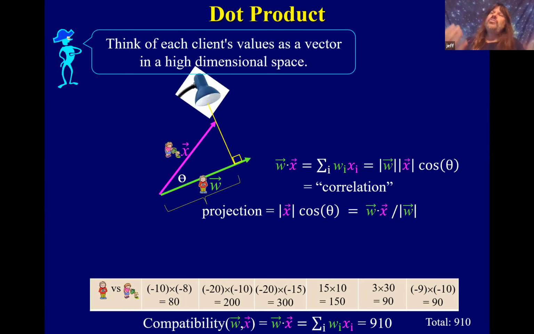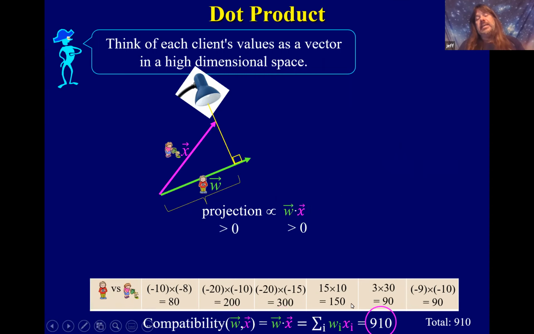All right, and how do we use that? Well, one way to compare two vectors is the projection. We fix the green W edge and shine a light down, and the size of the projection is the size of the shadow down here. What we see is if the two vectors are correlated well, they get a big positive dot product, which gives you a big positive projection.